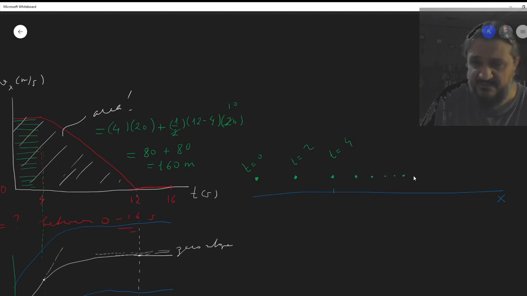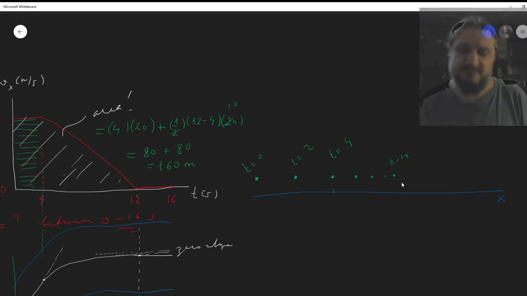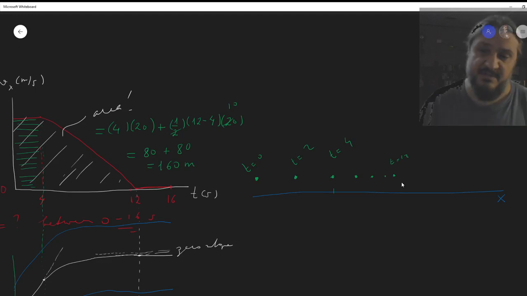I'm trying to make them closer to each other. 6, 8, 10, 12. Okay, I'm done. This is t equals 12, this one here. After that we're not even moving at all, so I can just get rid of those. So that's the motion diagram.